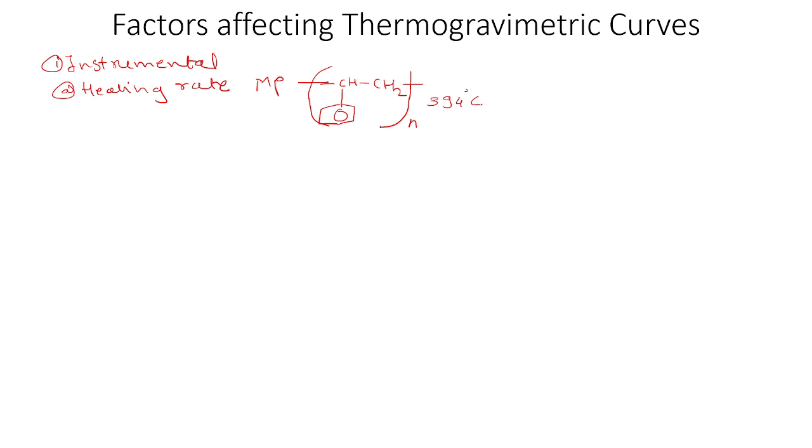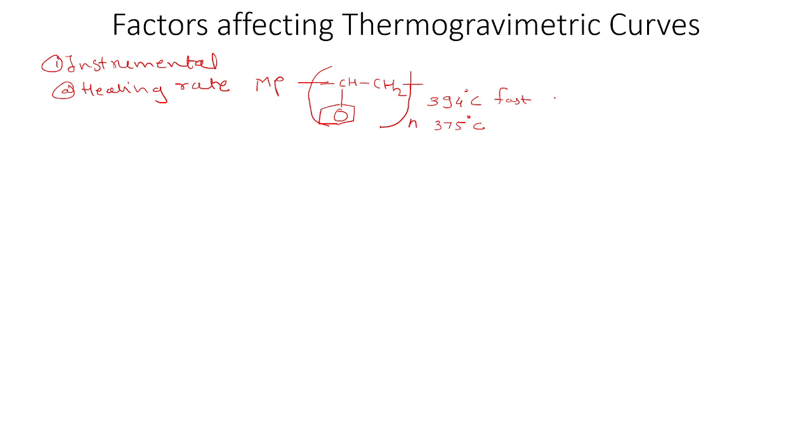Okay, when it is heated at the rate of 5 degrees per minute, at a faster rate it decomposes at 390 degrees Celsius, and if it is heated slowly, then it decomposes at 375 degrees Celsius.